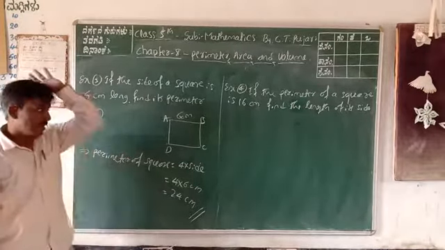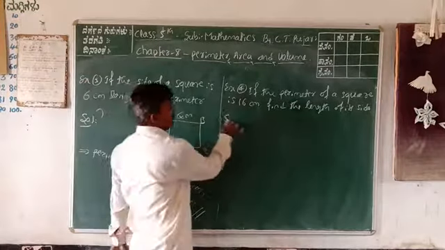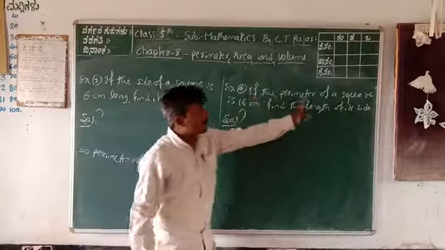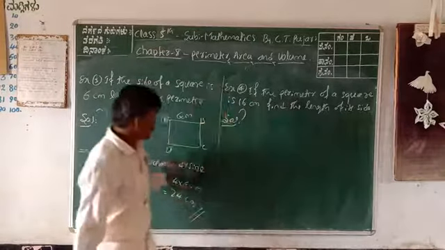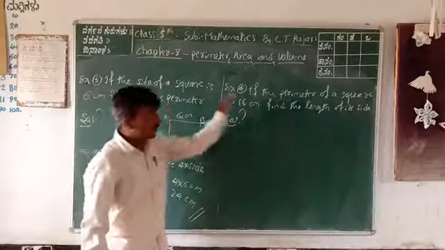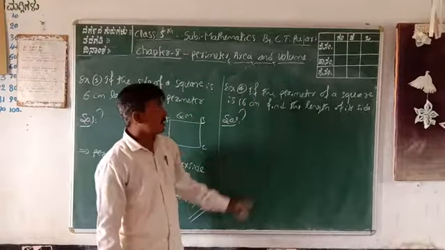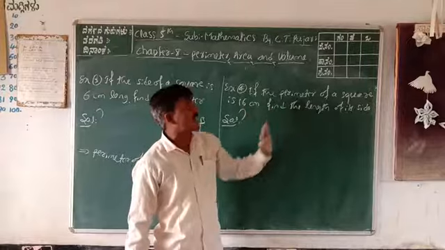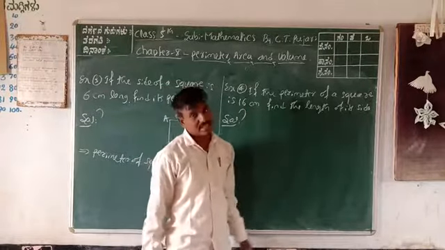Very easy. Next is the fourth question. Solution: in the previous question the side was given, in this question the perimeter is given. If the perimeter of the square is 60 centimeter, find the length of its sides.